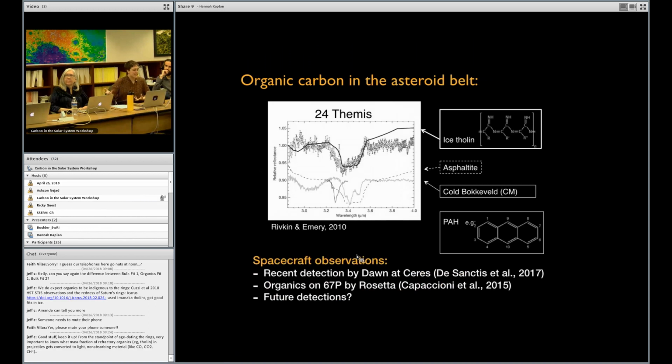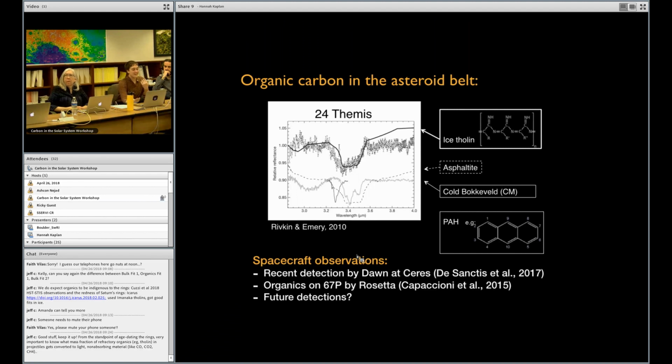And just to remind everyone about our organic carbon detections in the asteroid belt, these are actually somewhat limited compared to the number of objects that we've looked at from ground-based observations. The asteroid 24 Themis is one detection that we have, and then we have a couple of spacecraft detections, so Ceres, and then maybe not in the asteroid belt, but we have 67P and some other cometary detections of this 3.4 micron feature.